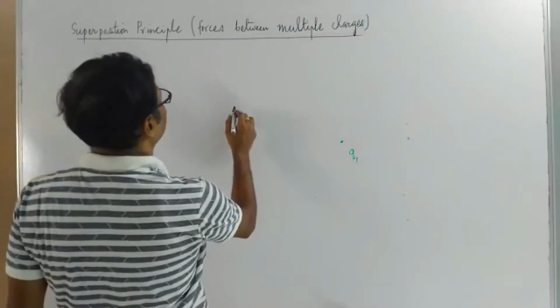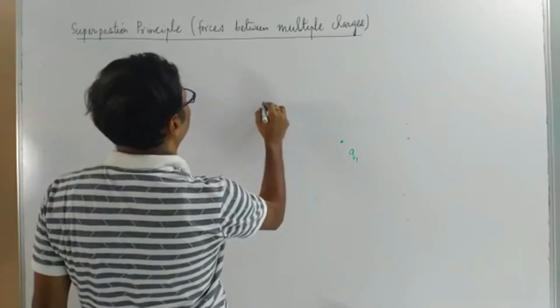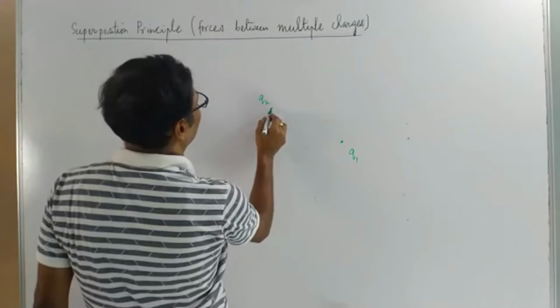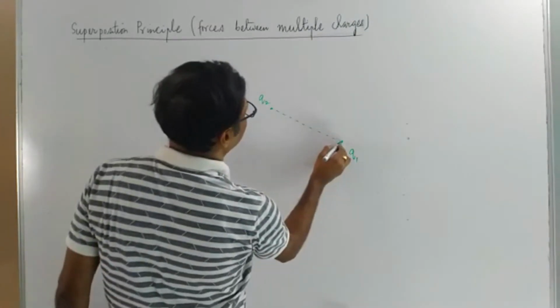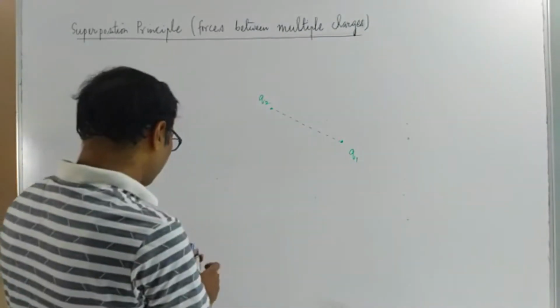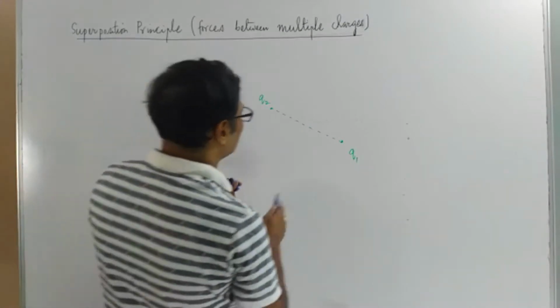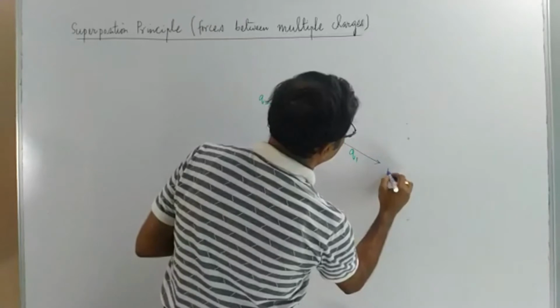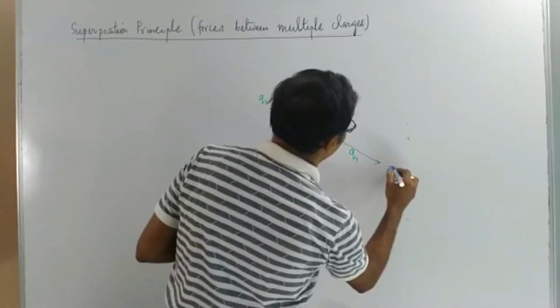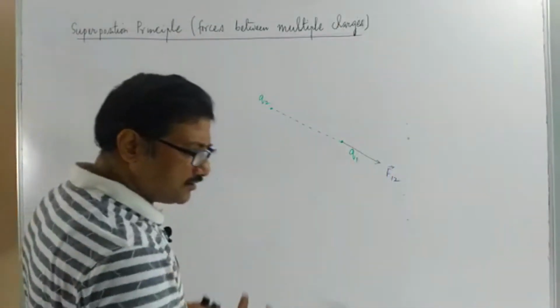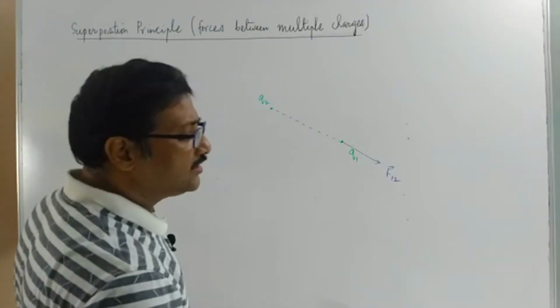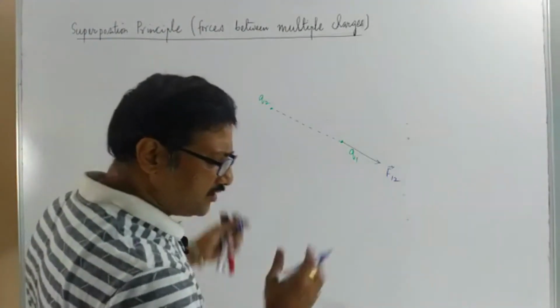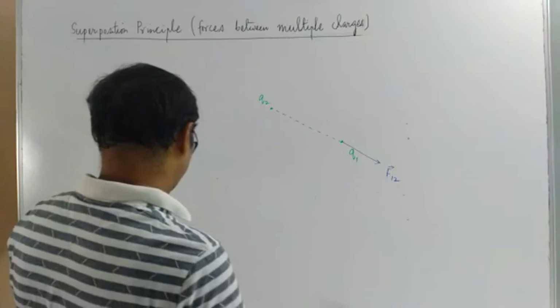I am considering, say, Q2 charge over here, and this is the separation between Q1 and Q2. So this force can be represented as F12. Again I am considering all charges to be like charges, say all positive charges.